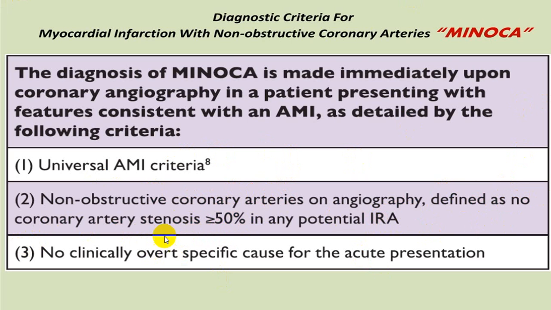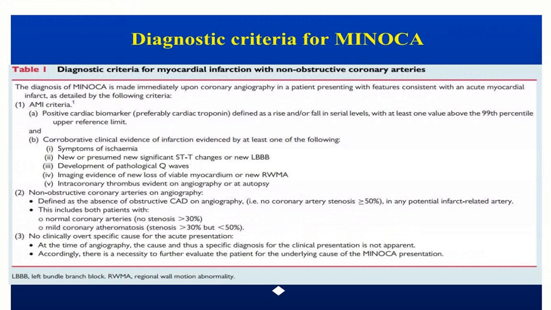And there is no clinically overt specific cause for the acute presentation. When all these three criteria are fulfilled, we label that as MINOCA. So the diagnosis of MINOCA will be made after coronary angiography. Without coronary angiography, you cannot label that as MINOCA.